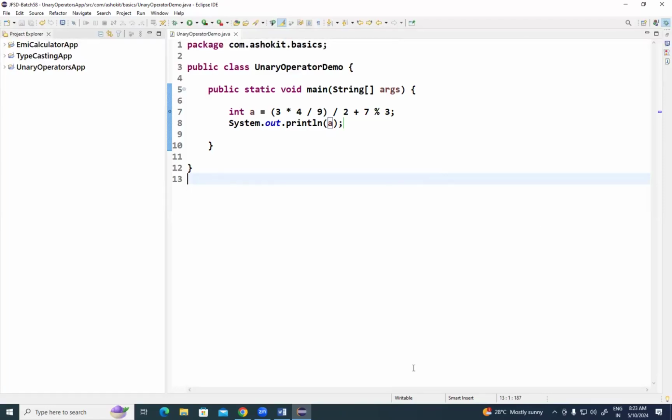Yes, folks, what's the output of this? Can you tell me what's the output of this expression?